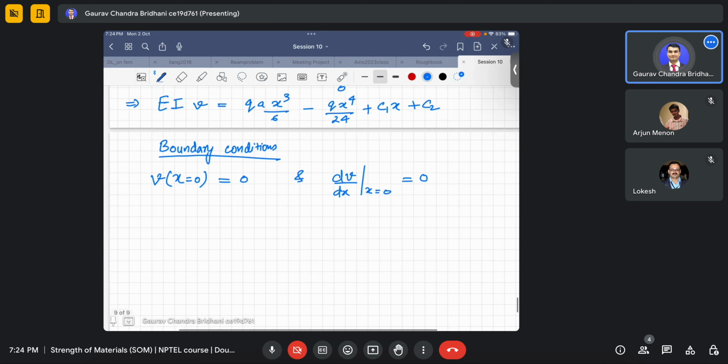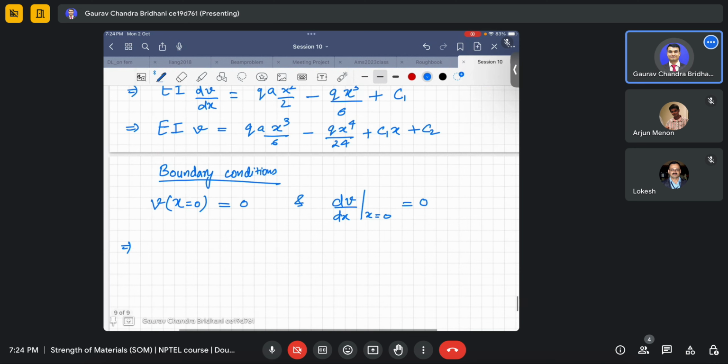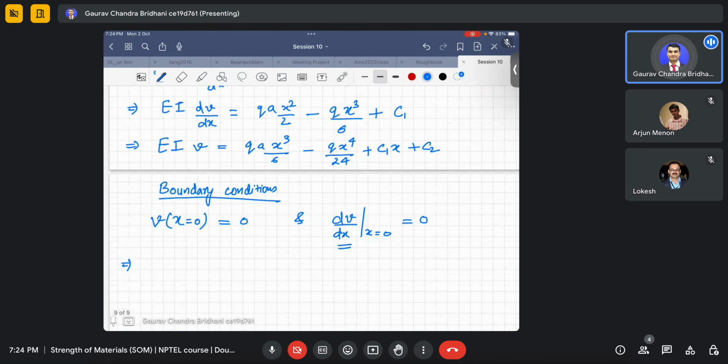Let's put it there. First I will put the second condition, dV by dx at x equals 0 being 0, in this equation. If I put x as 0, this becomes 0, this is already 0, so C1 comes out to be 0.